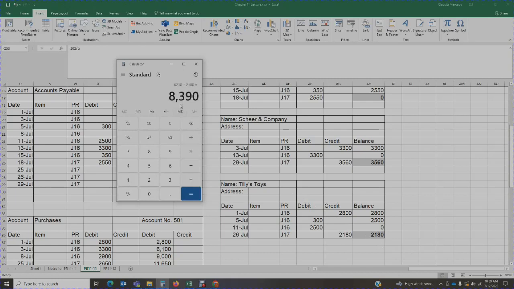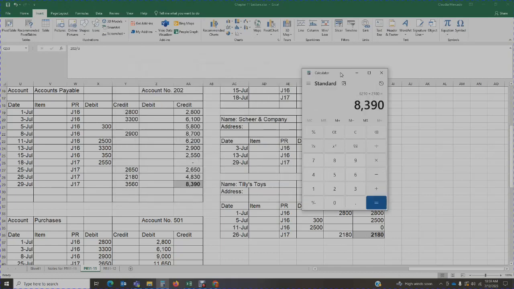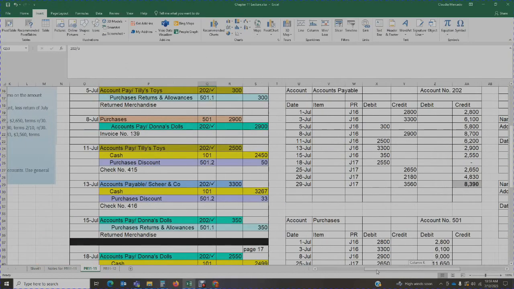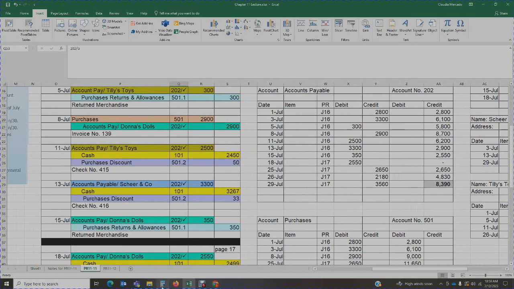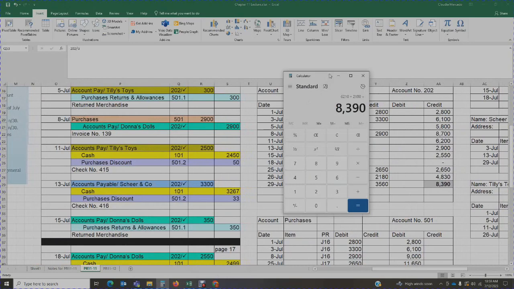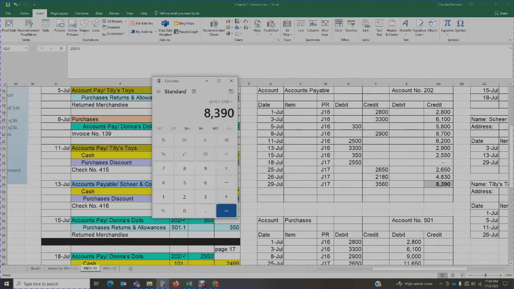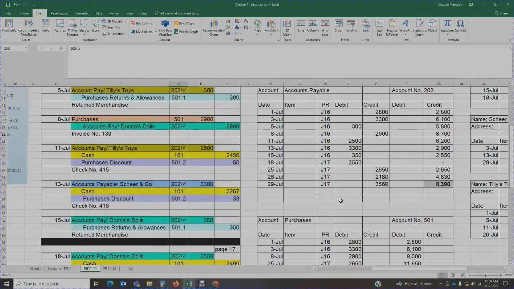Okay, that gives me a balance of $8,390. That number needs to tie to your accounts payable general ledger, which it does. So if you see here, $83.90 is the same dollar amount from your accounts payable ledger. Okay, $83.90. So we are good. We are ready to proceed to the next step.